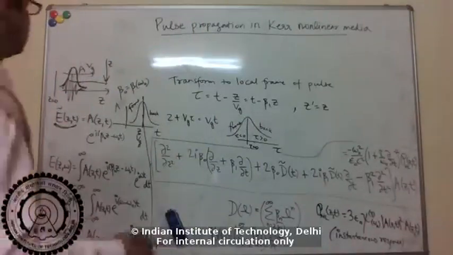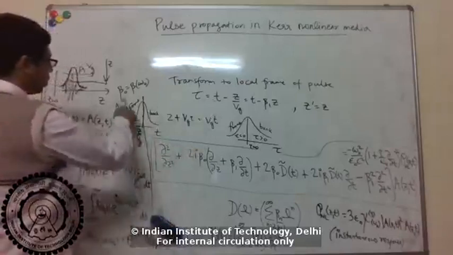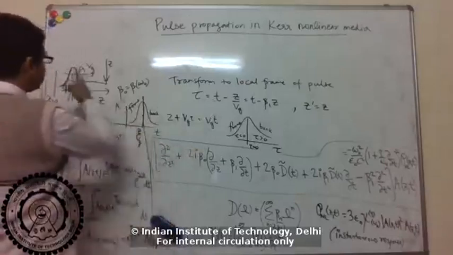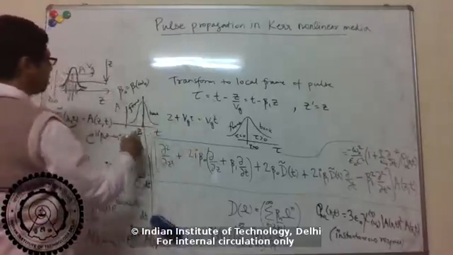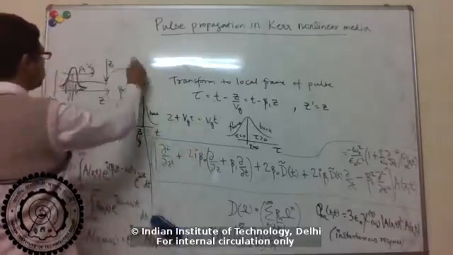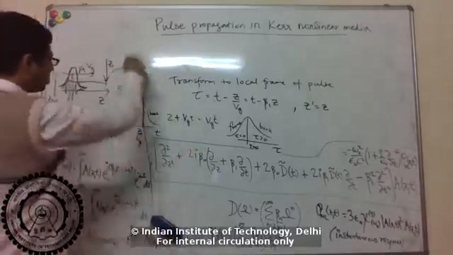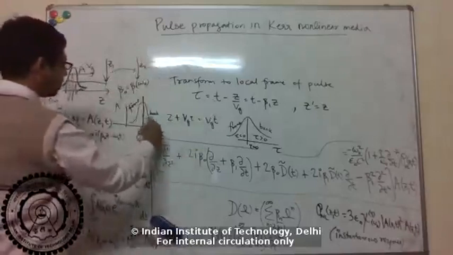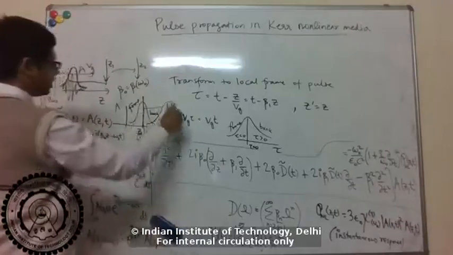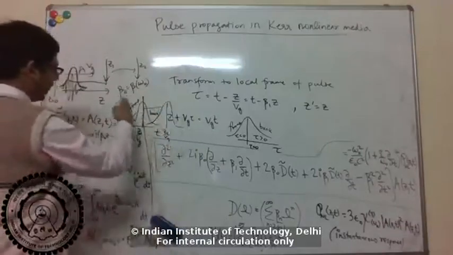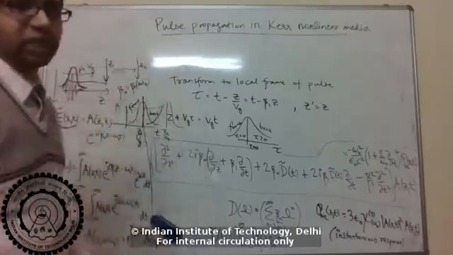So in the original frame, if you want to plot the pulse as a function of time for different positions, they look different. If I change from Z1 to some Z2 and see as a function of time what pulse I'll measure, this will get shifted to Z2 over V. So as a function of this t-axis, where the pulse peak lies depends on where I am, which is inconvenient.